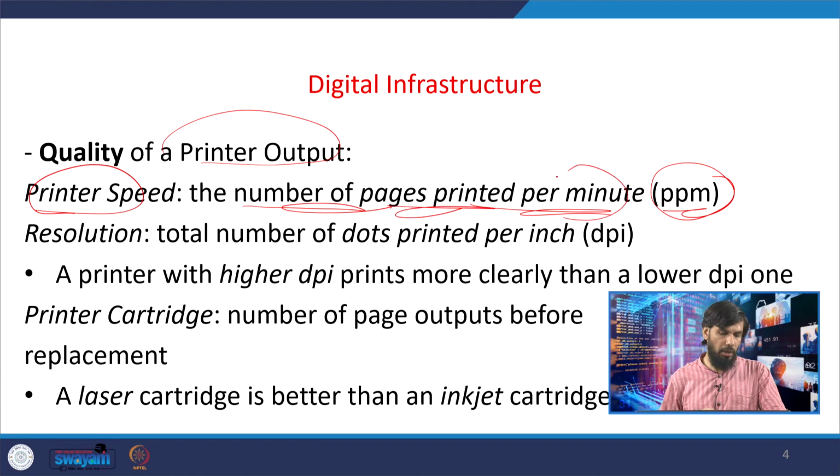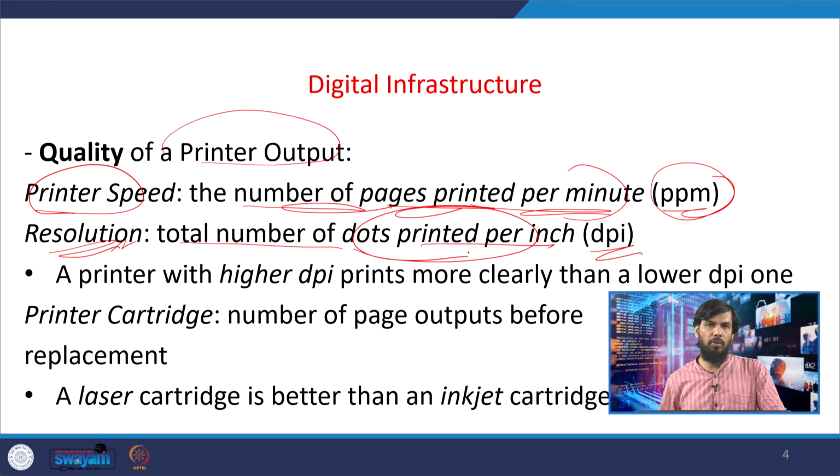Then the second thing is also the resolution, because again we are talking about an output device. Resolution has a slightly different definition in the case of a printer output: the total number of dots printed per inch, right, which is expressed using DPI, dots per inch.